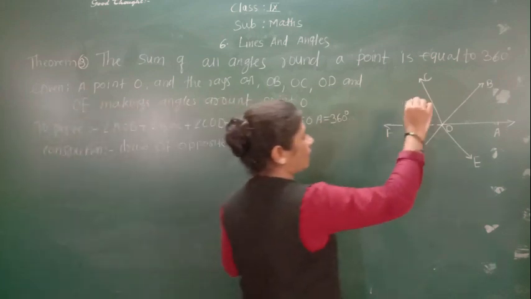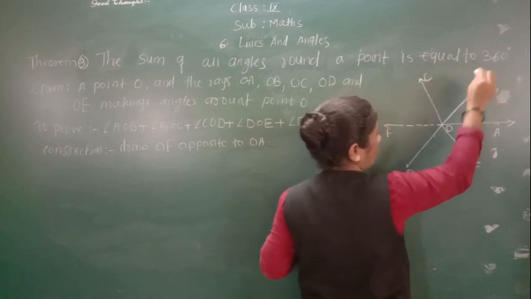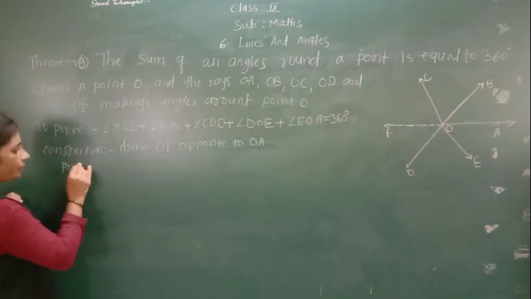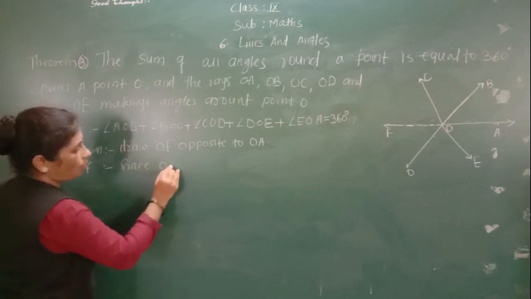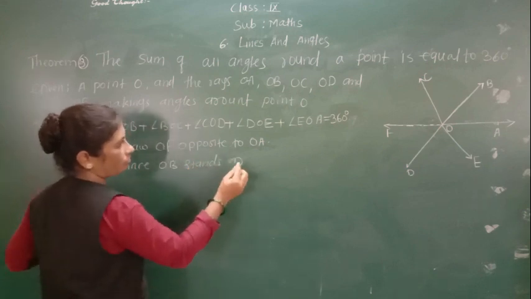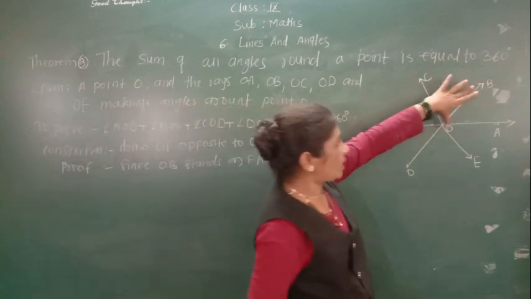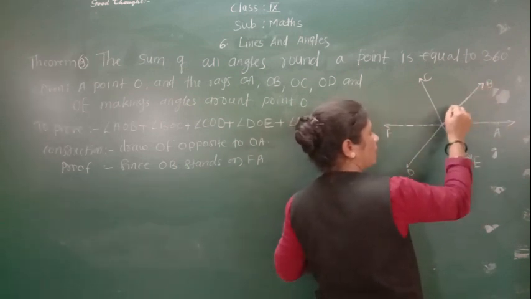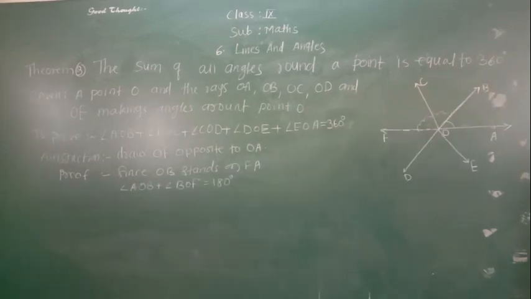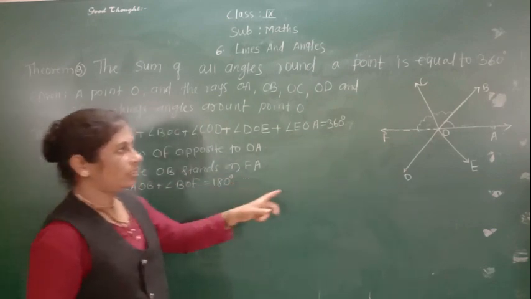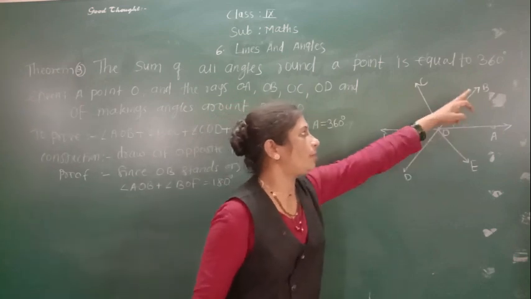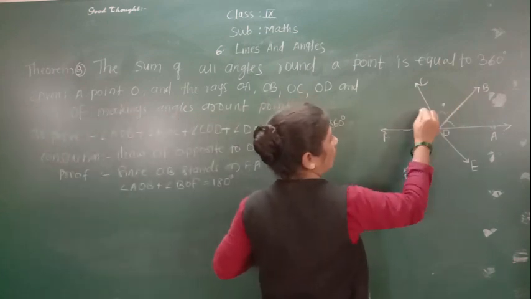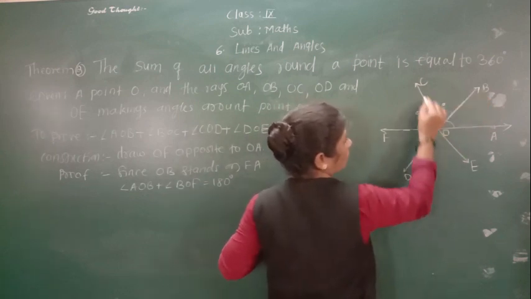Now we take ray OB, which stands on FA. Since OB stands on FA, angle AOB plus angle BOF equals 180 degrees. But angle BOF is the sum of two angles, so instead of angle BOF we write angle BOC plus angle COF.